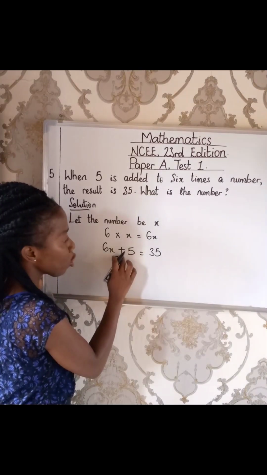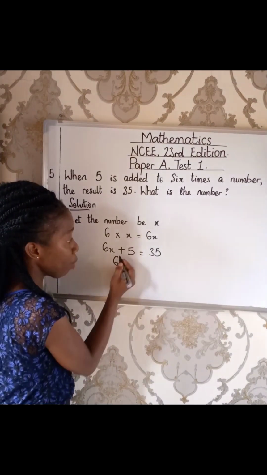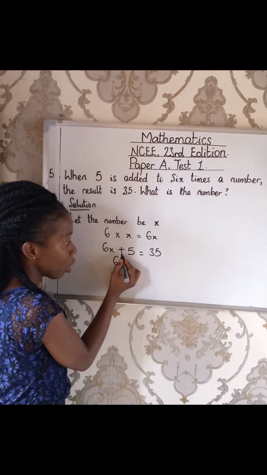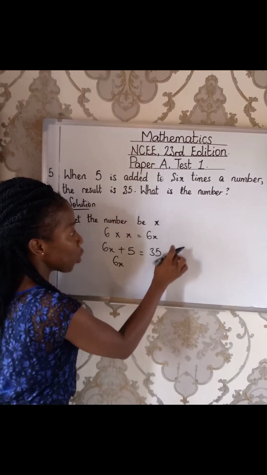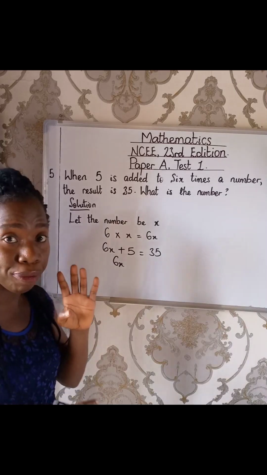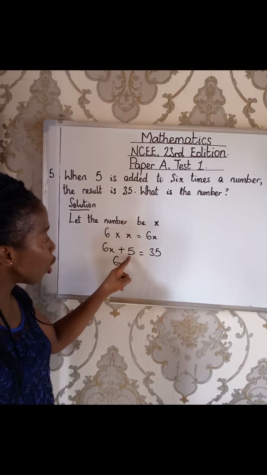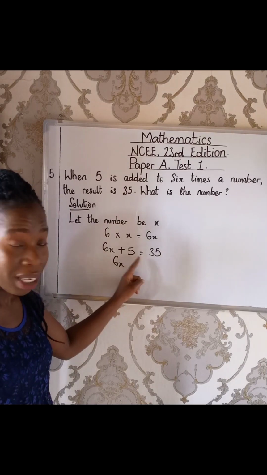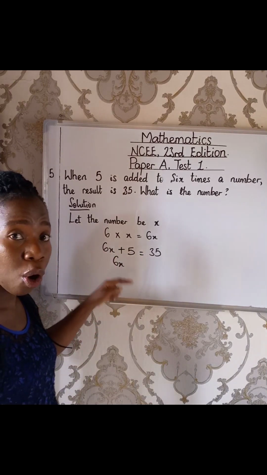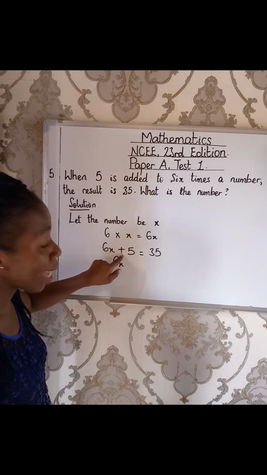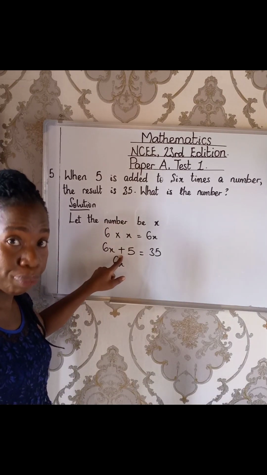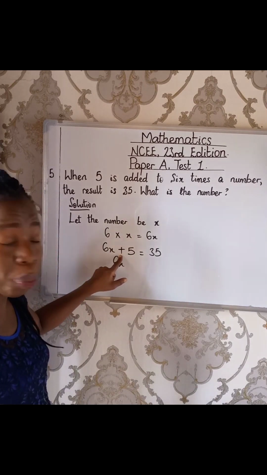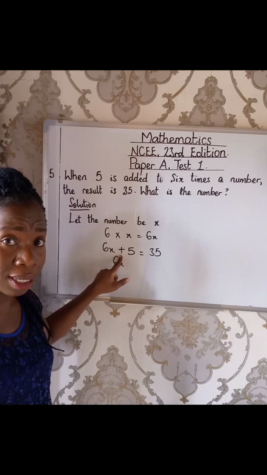Okay, so we now have 6x. First, to remove this to the other side, remember that it's attached to 6x with this sign. So when it moves to the other side, like I said in question 4, when a number moves across the equality sign, it becomes the opposite of the sign it had before. So this is plus sign. The opposite of plus sign is our minus sign.